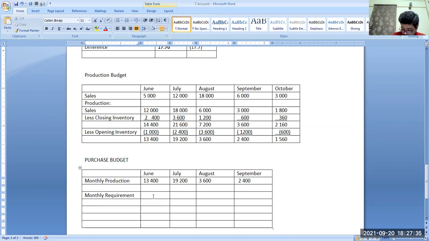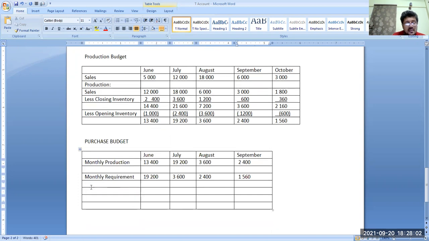Now in June we need 19,200 to buy. In July we need 3,600. In September we need to buy 2,400, and September we'll definitely buy for October, that is 1,560. This is monthly requirement.